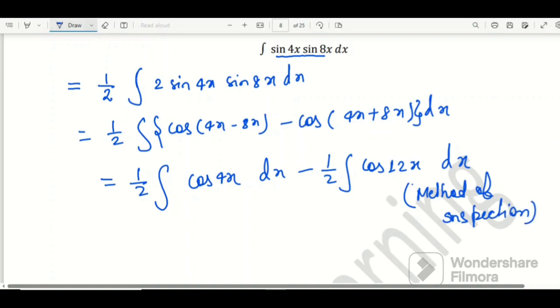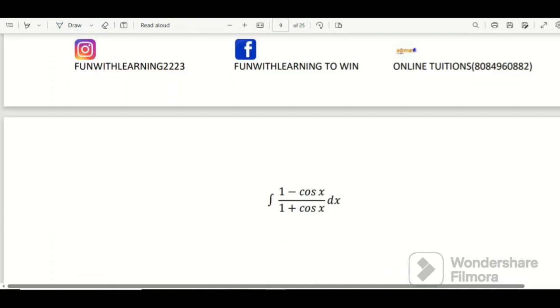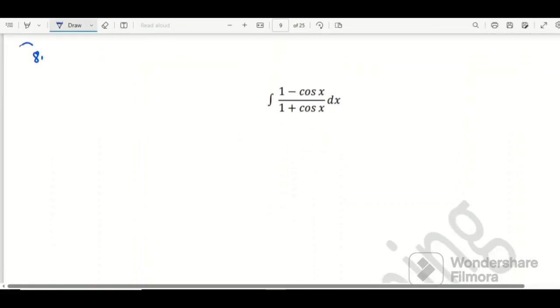So now we are moving on to the next question. Eighth number is this. Here we'll directly use the identities 1 minus cos 2 theta equal to 2 sin square theta, and 1 plus cos 2 theta equal to 2 cos square theta.